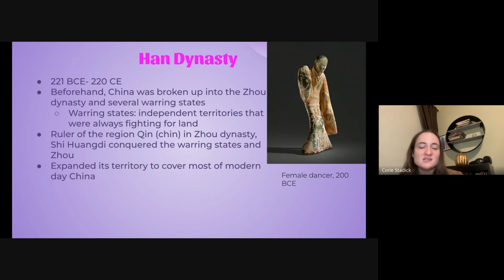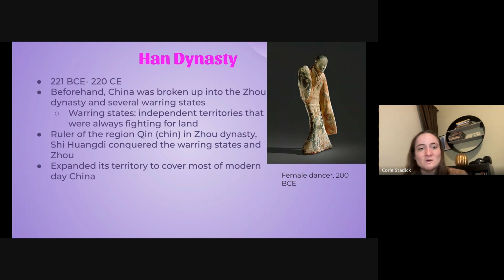Warring states are independent territories in constant battle with each other, fighting over land and resources. So the ruler of the Qin in the Zhao dynasty, his name was Huangdi, conquered the warring states and the remaining part of the Zhao dynasty.